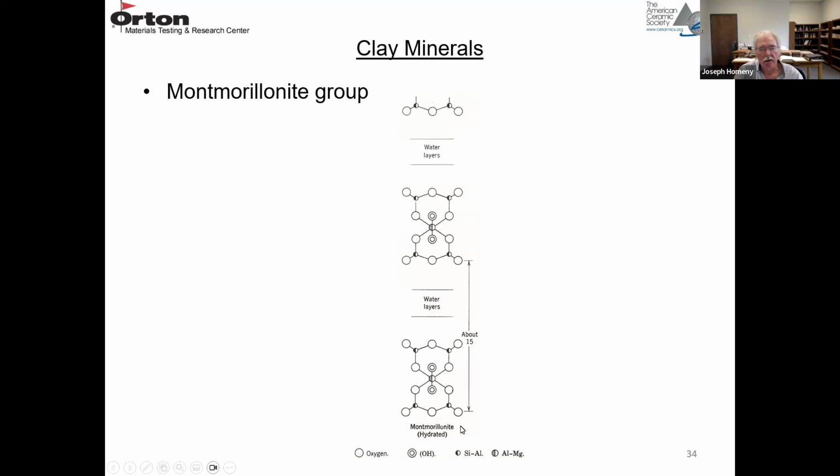So montmorillonite looks like this. You have your alumina layer, but now you have a silica layer above and below. So the open circles are oxygen, the double ring circles are OH groups. And this one circle that's half black and half white shows that there's some aluminum substitutions on the silica sites. And then this larger circle that's half cross-hatched and half white, right there, you have some magnesium substitutions on the aluminum site.